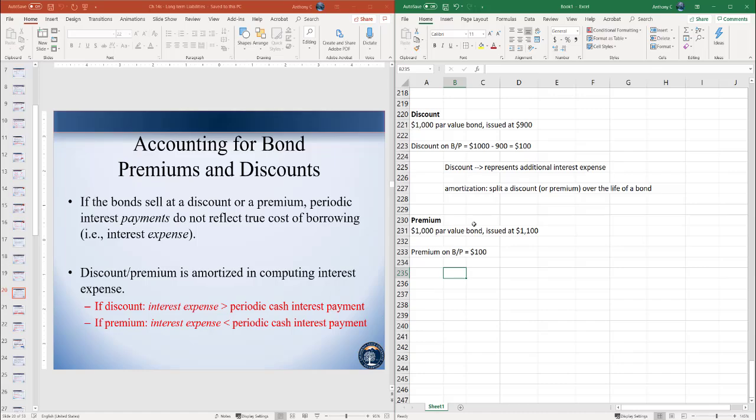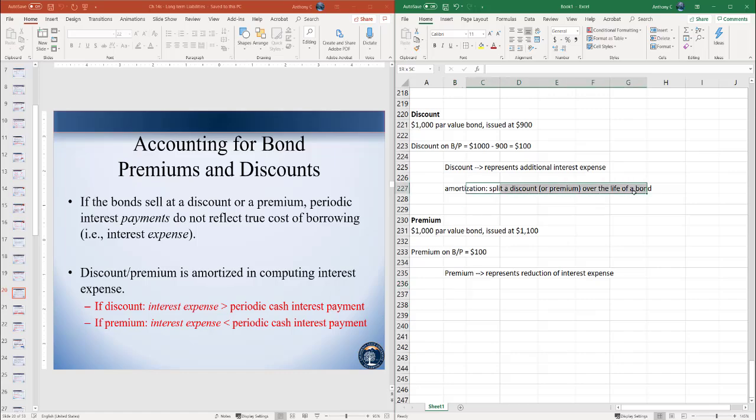Now a premium, if you think about what's happening here with this transaction, if I borrow $1,100 from you, but I only pay you back $1,000, well, now you're losing out on $100. So what a premium represents is a reduction of interest expense. If I have to pay you back less money than I borrow from you, I'm really just reducing my interest.